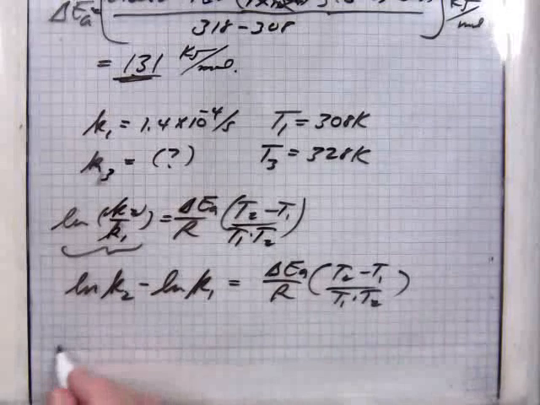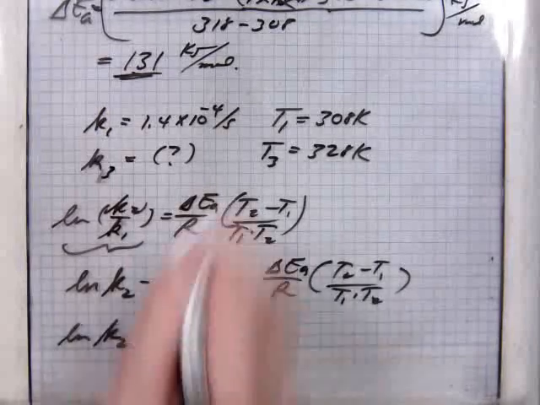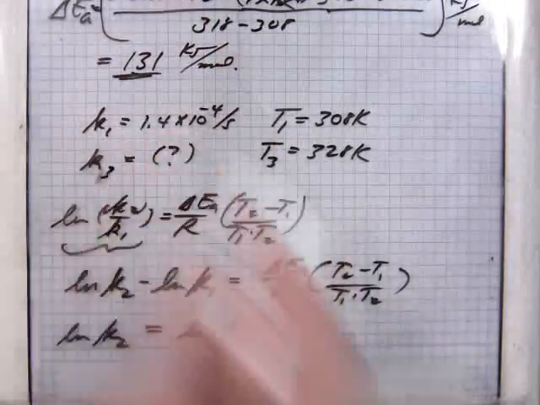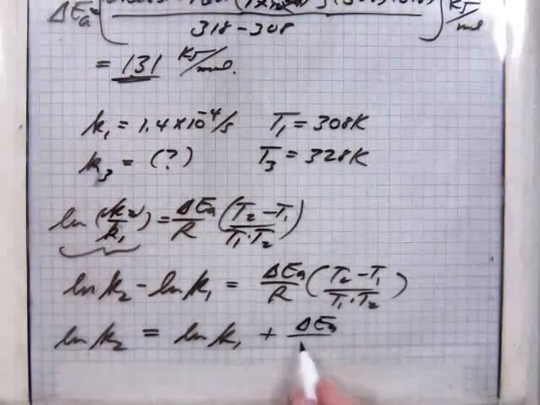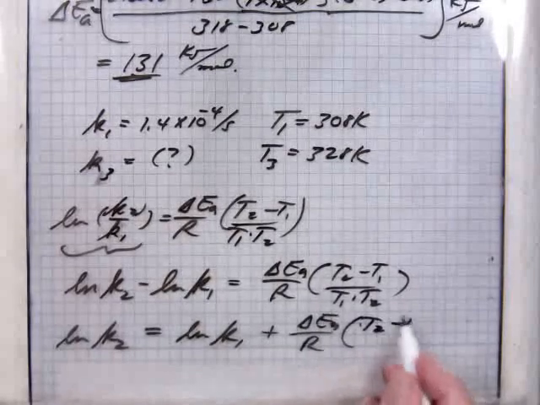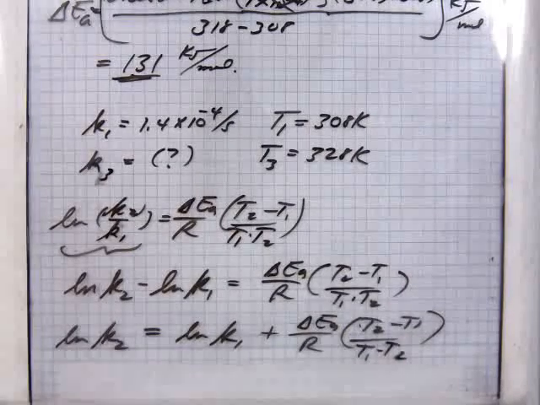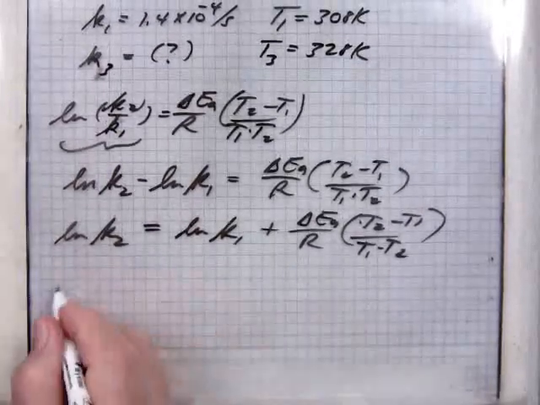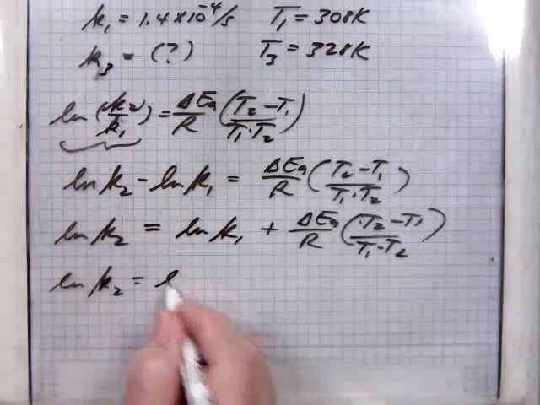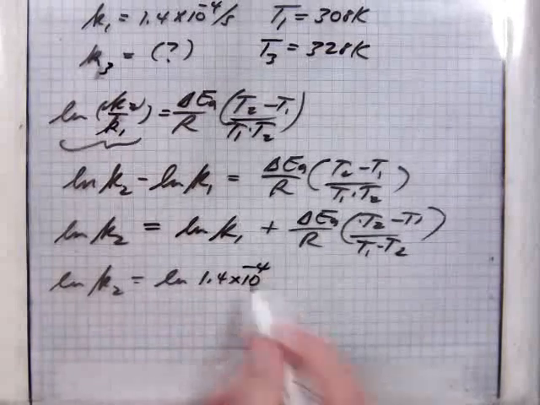Now solve for ln of K2 equal to ln of K1, whatever you have given, it's here, plus, again, delta EA, which is 131, over R, times T2 minus T1 over T1 T2. So it's a computation based on that formula, and it's just asking you to substitute and solve. So ln of K2 is ln of 1.4 times 10 to the minus 4 per second.